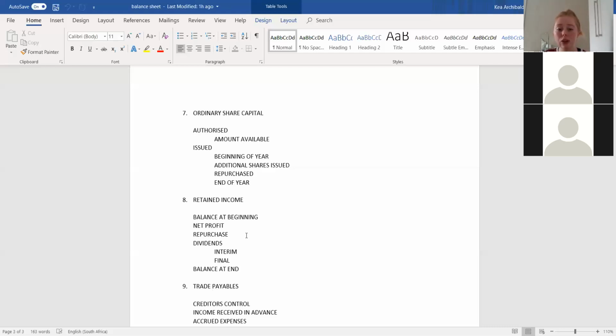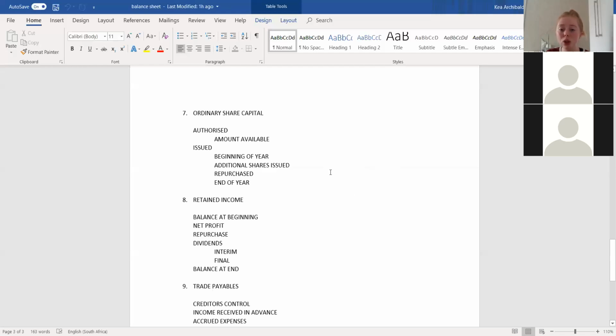Okay, I know this can be very confusing, but just bear with me. So now at the end of the year, you're going to have an amount of shares. It's going to be your beginning amount plus the number of additional shares minus the number of repurchased shares, and that is going to be the total at the end of the year. Then you can do your amounts. So the amount of money for the balance at the beginning plus the amount for additional received minus the repurchased.